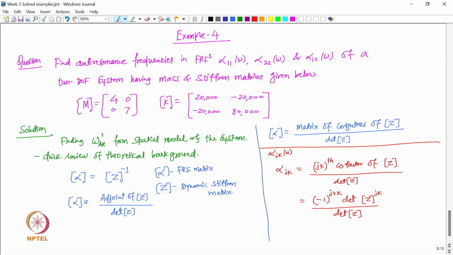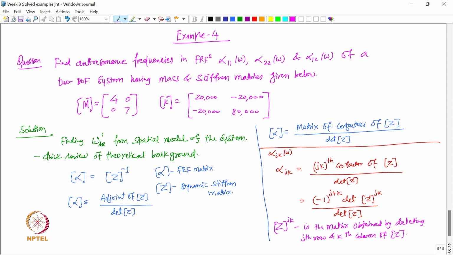Now, what is Z JK? Z JK is the matrix obtained by deleting the jth row and kth column of Z. So, if I have matrix Z, then I will delete the jth row and kth column and then compress the matrix.